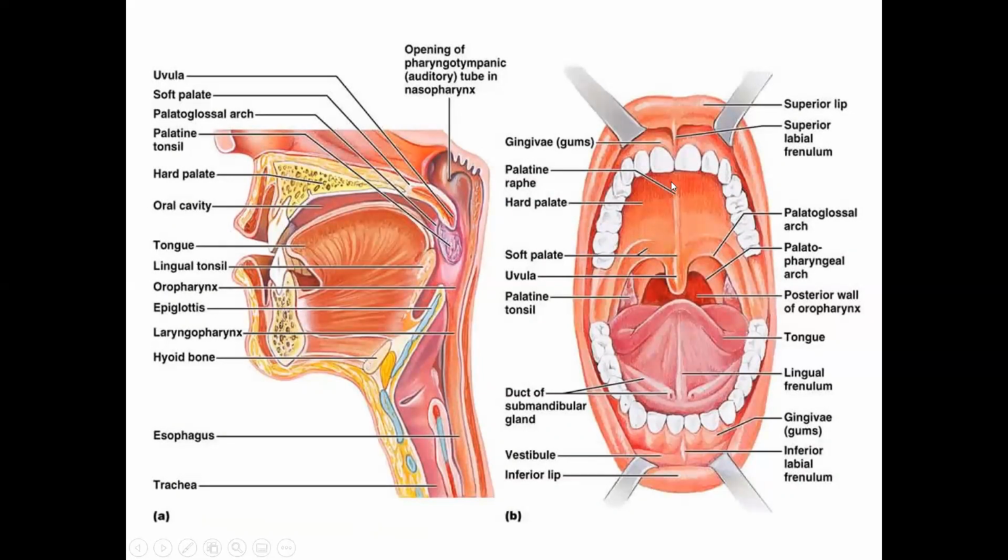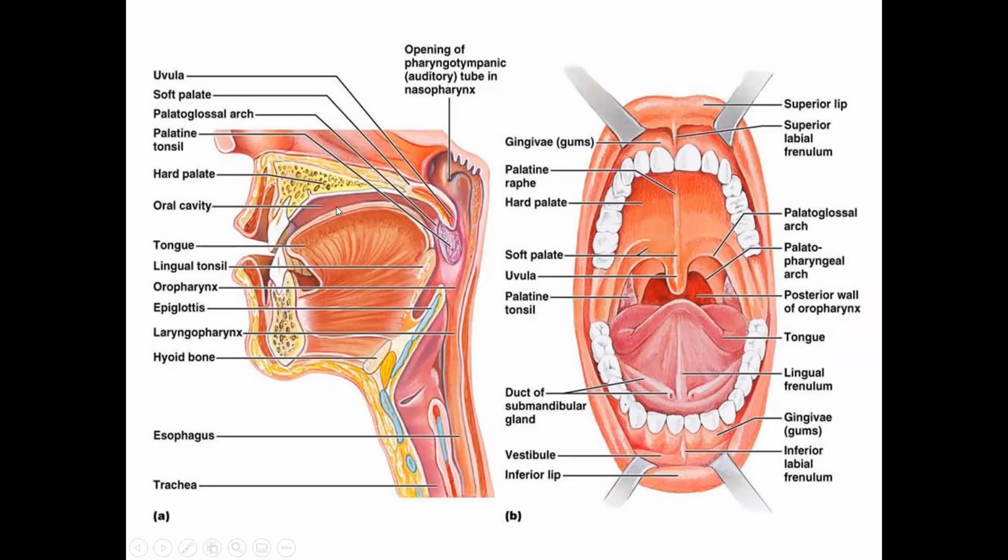And just between the lips and the cheeks and the teeth, this part of the oral cavity is known as the vestibule. So the vestibule is the outer cavity of the oral cavity, and this is the mouth cavity, which is the oral cavity proper.